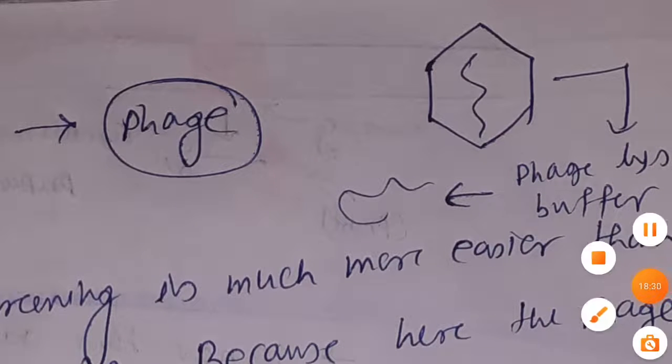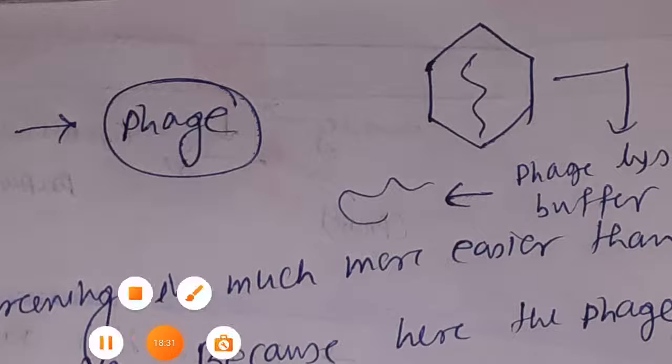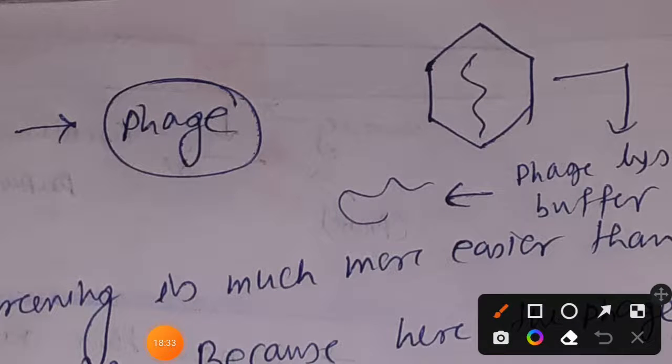I think you know the basic structure of a bacteriophage, right? Then I hope you know that our gene of interest inside the bacteriophage is surrounded by only a nucleocapsid. On the other hand, in colony hybridization, our gene of interest is within the cell.